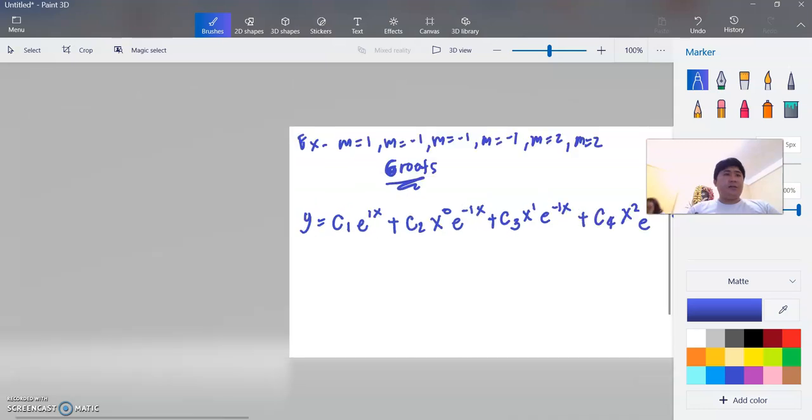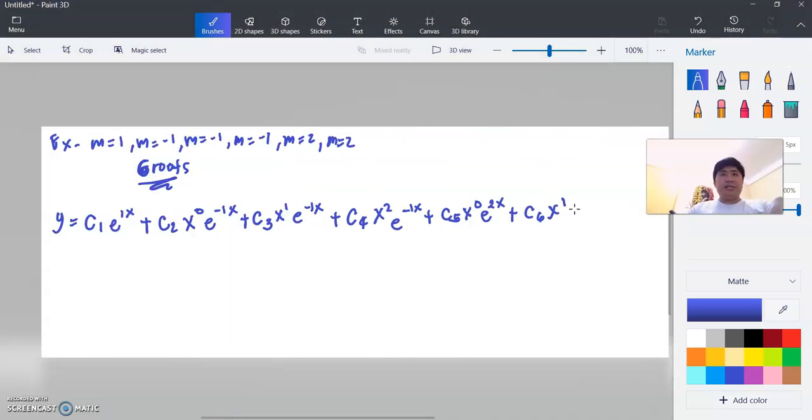Since this is the first root, so 0, the first of another repeated root, then this is the second, so raise it by 1 higher, then multiplied by e, what is the root? That is 2. 2 times x.